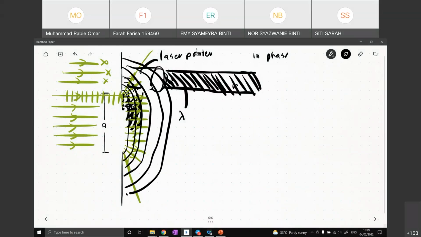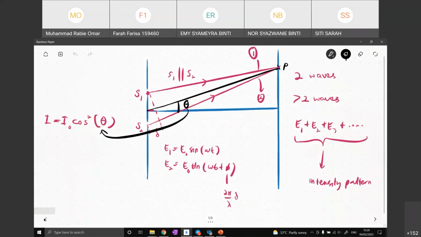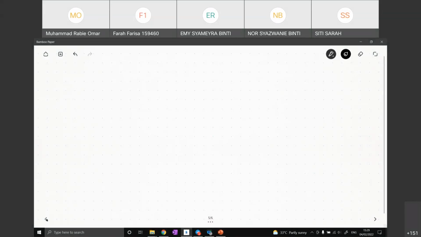So now I have my diffraction slit that looks like this.